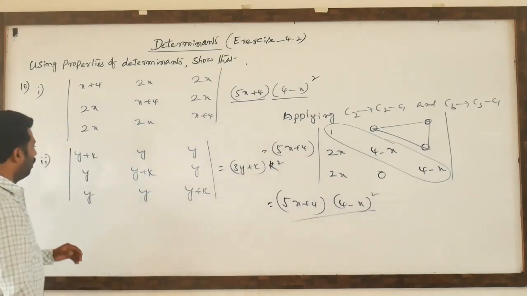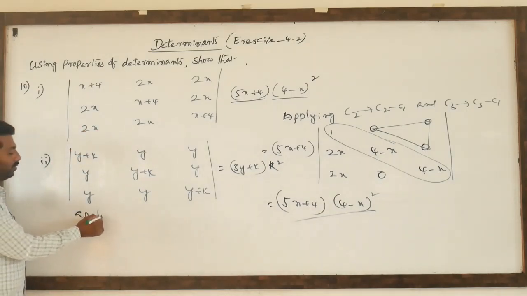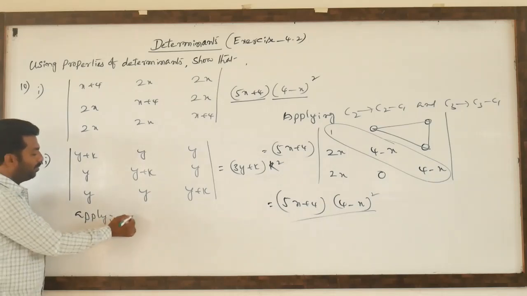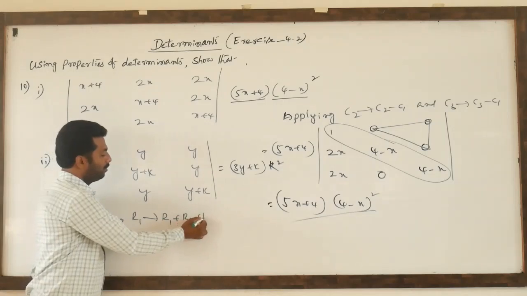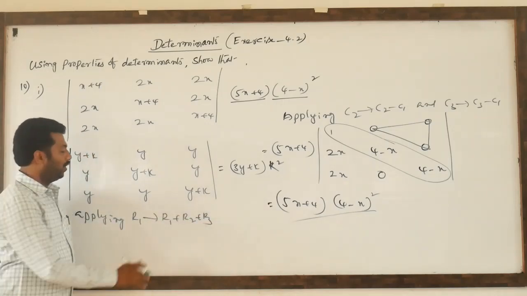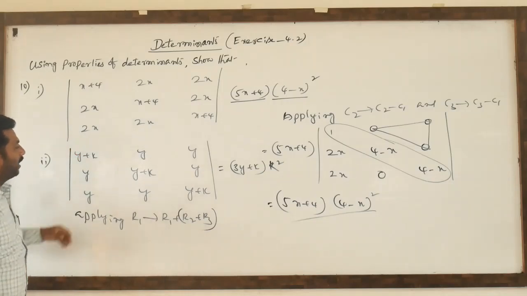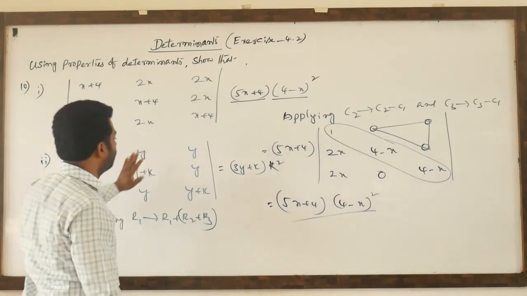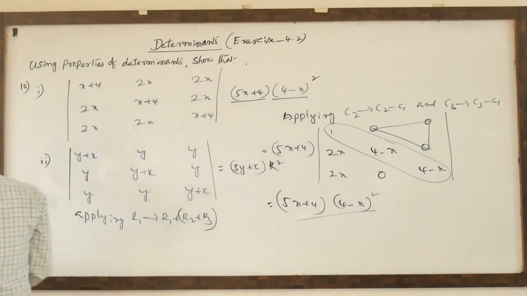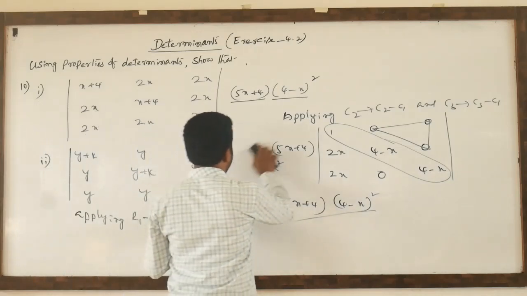Same procedure. What we have to apply? R1 changes to, just I will give a hint only. Applying R1 changes to R1 plus R2 plus R3. For R1 elements, what we have to add? R1 plus R2 plus R3 means again we will get the same. Same procedure what we applied in the previous concept, you have to apply. This is your work. In case you are not getting answers, you have to inform me. I will send and I will solve. Okay.